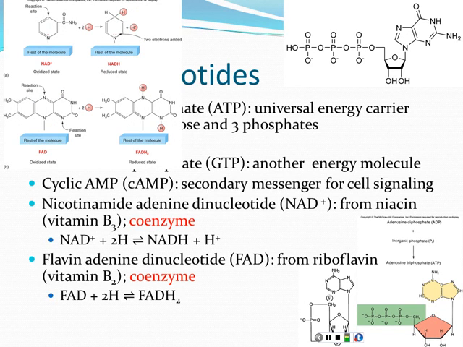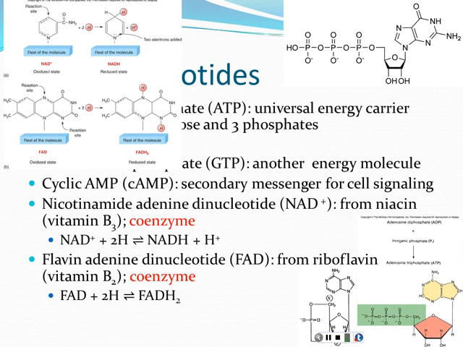FAD, same thing. So these participate in our cellular respiration to make ATP in the end. So I want you to know that these participate in cellular respiration, that they're both coenzymes. Coenzymes, we'll later learn, help the enzymes do their function.